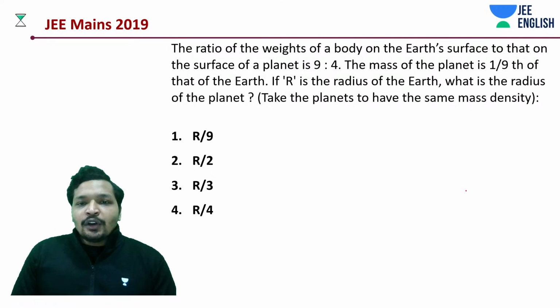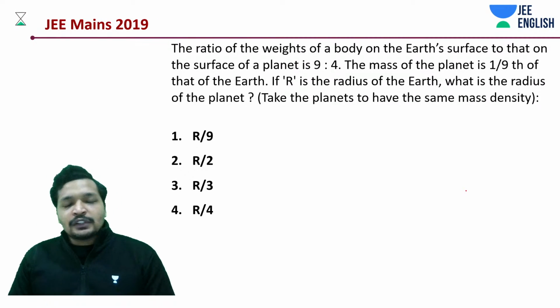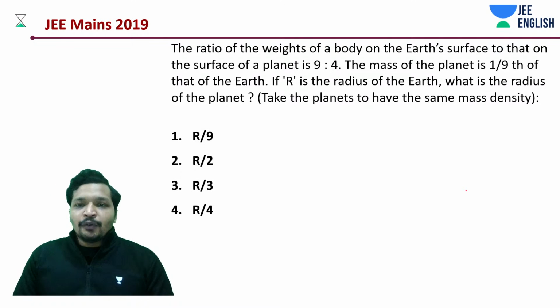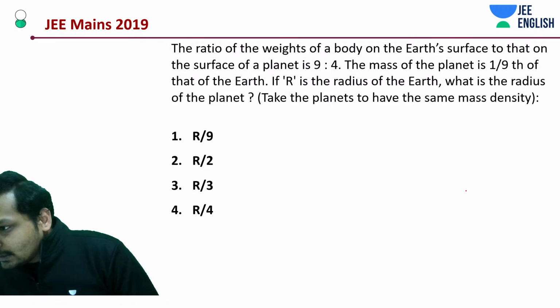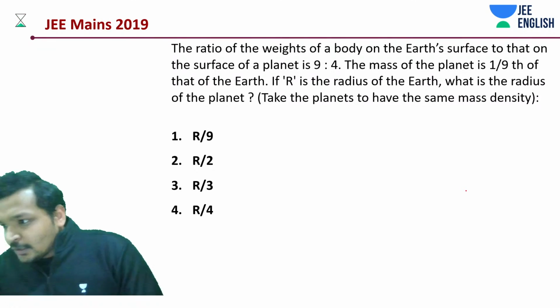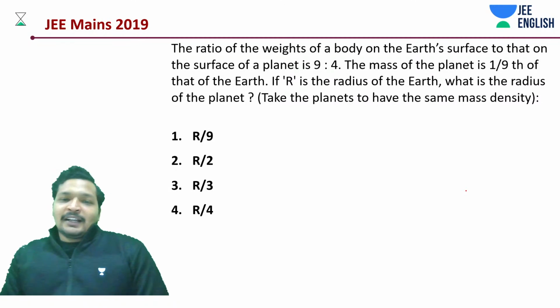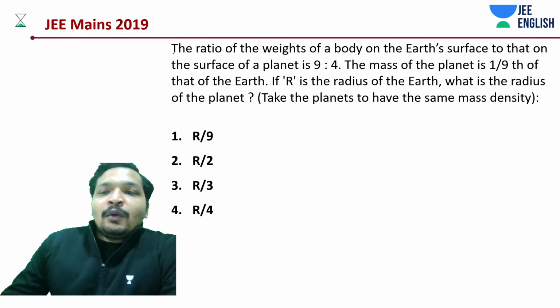Okay, the ratio of the weight of a body on the Earth's surface to that on the surface of a planet is 9:4. The mass of the planet is 1/9. You are definitely welcome, Madhavan Elumala. What do we have?